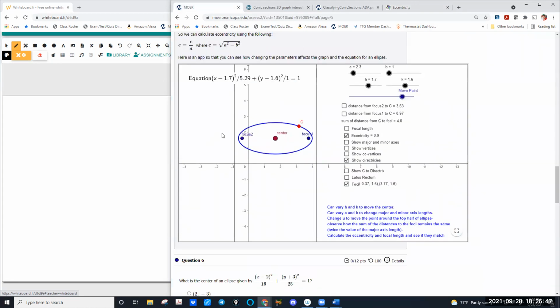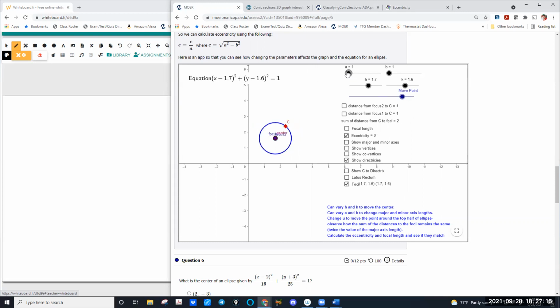You can play with the apps that are in the lesson. For instance, here's the one for the ellipse that we didn't do yet. The reason we didn't see the eccentricity on the hyperbola is because I had moved the applet around. When you move the applet, sometimes things don't end up where they're supposed to be. It was still there, we just weren't able to see it. If you turn on the eccentricity, we can create a circle by letting both foci be the same. The eccentricity is 0.